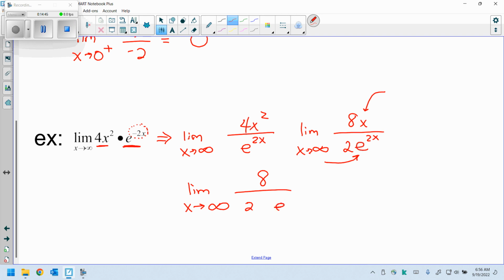Derivative of e to the something is e to the something times the derivative of the something. And putting a huge number down here, I'm going to get 8 divided by huge. Going to get pretty close to 0. So be ready to handle any of these 3 indeterminate cases by using L'Hopital's rule.